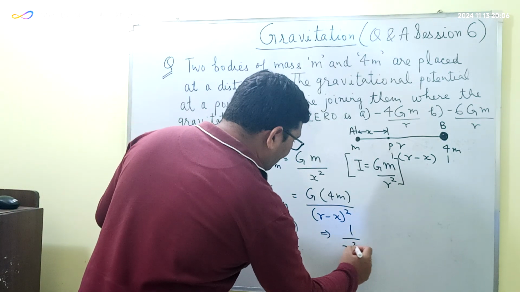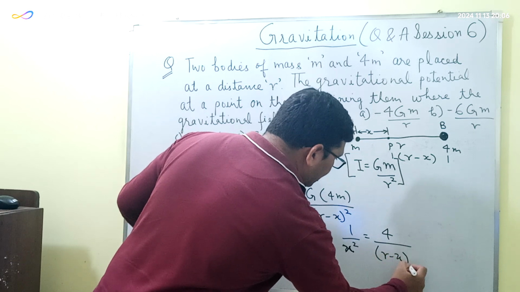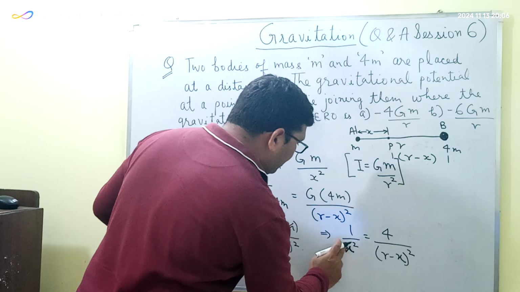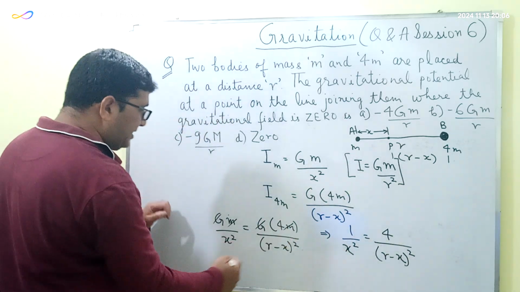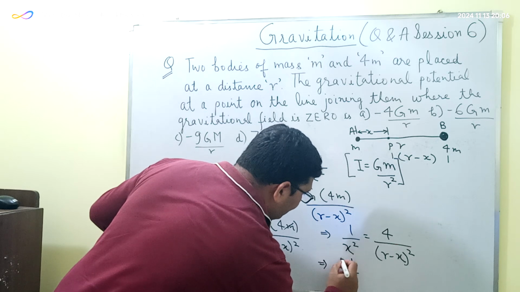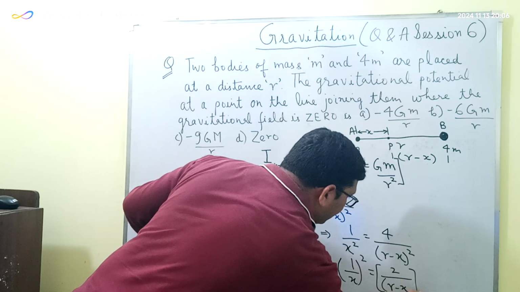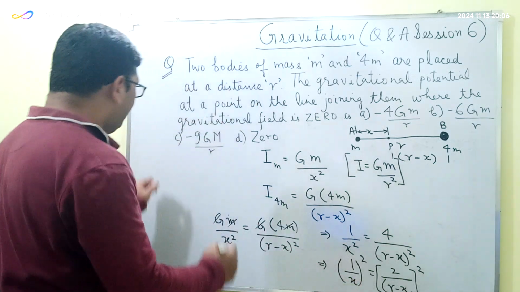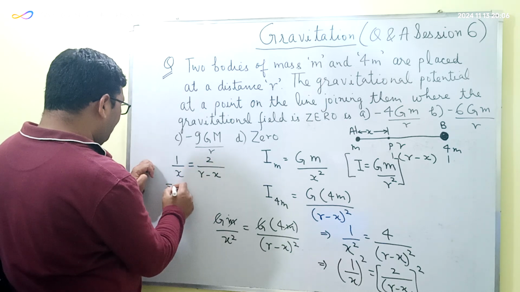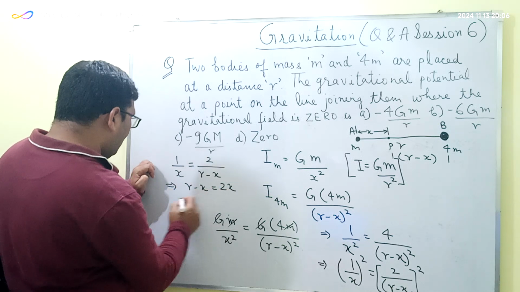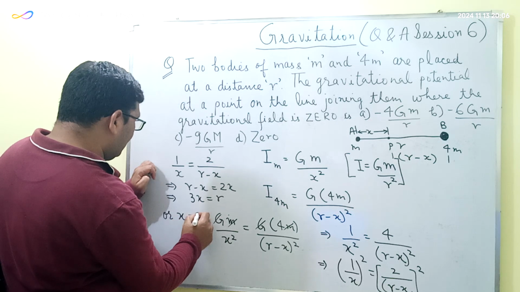From this equation, we can simply say that 1 upon x squared is equal to 4 divided by r minus x whole squared. This can further be written as 1 upon x whole squared equals 2 divided by r minus x whole squared. So 1 upon x is equal to 2 divided by r minus x, which implies r minus x is equal to 2x, so 3x is equal to r, or x is equal to r by 3.